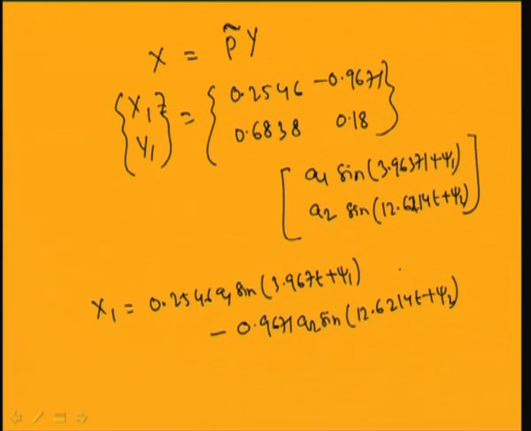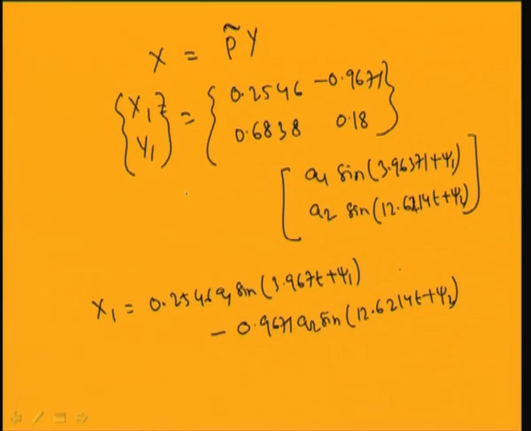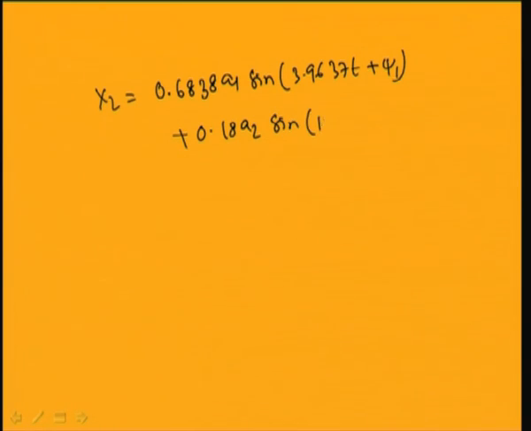So, this is the expression for x1, and similarly x2 can be obtained: x2 equal to 0.6838 a1 sin 3.9637 t plus psi 1 plus 0.18 a2 sin 12.6214 t plus psi 2.